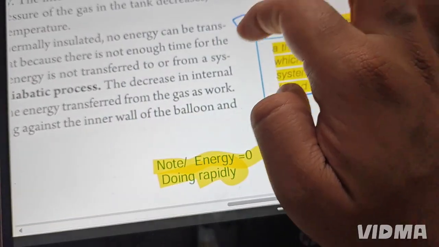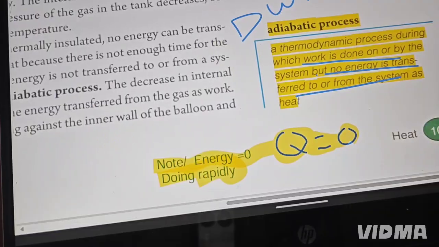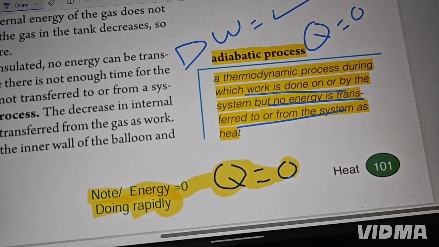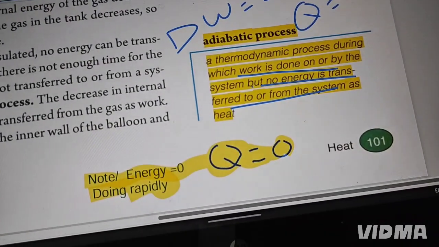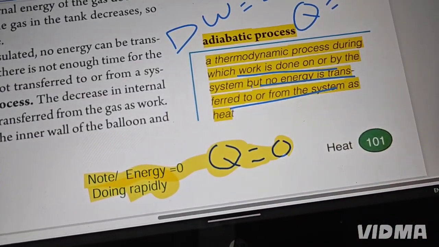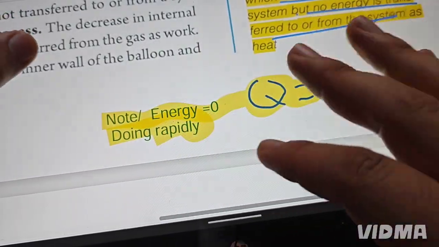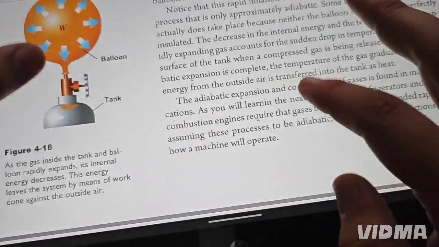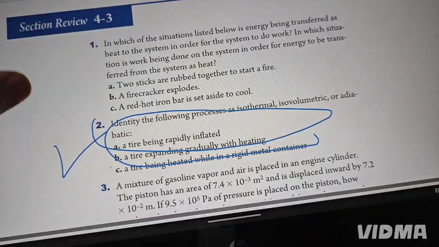We have delta U, we have work done, but no transferring of energy: Q is 0. This happens rapidly, but the isothermal process was gradual. You have to memorize this property because it is really important for the exam and for multiple choice.